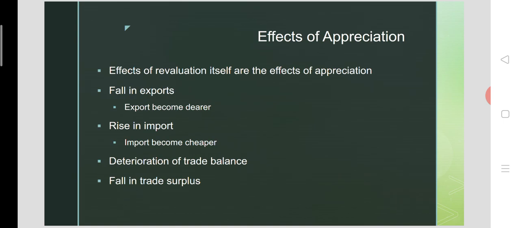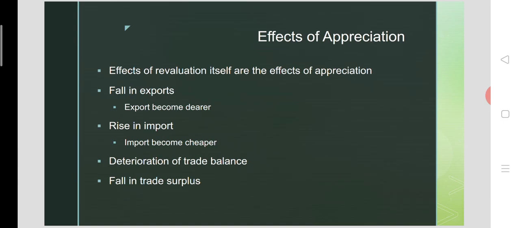And another impact is on import. Import will rise as import will become cheaper. That means after appreciation of Indian rupee, Indians are able to buy more. As Indian rupee's value has increased, we will get more commodities with the same unit of currency. For example, in our hypothetical example of 68 per $1 to 66 per $1 after appreciation, we need to pay 2 rupees less.